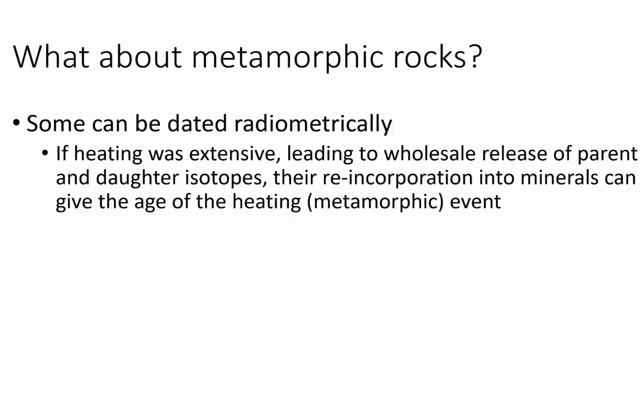Unfortunately, some metamorphic rocks don't get heated up that much. Other metamorphic rocks experience multiple episodes of heating, so it can be difficult to pinpoint a particular age for some metamorphic rocks. But next to the igneous rocks, some of our better candidates for radiometric dating do come from the at least intermediate to high-grade metamorphic rocks.